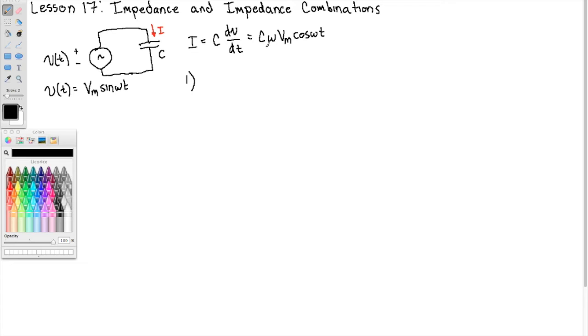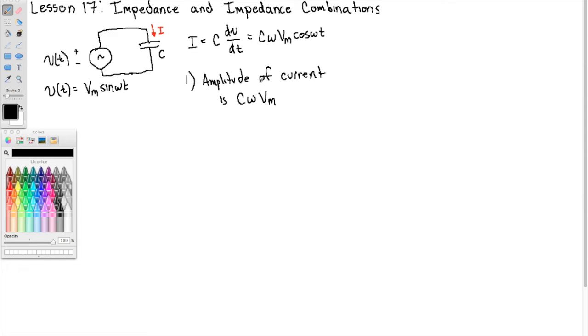Number one, the amplitude of the current is C omega Vm. So take the amplitude of the voltage, multiply it by C and omega, the frequency, and that is our current.